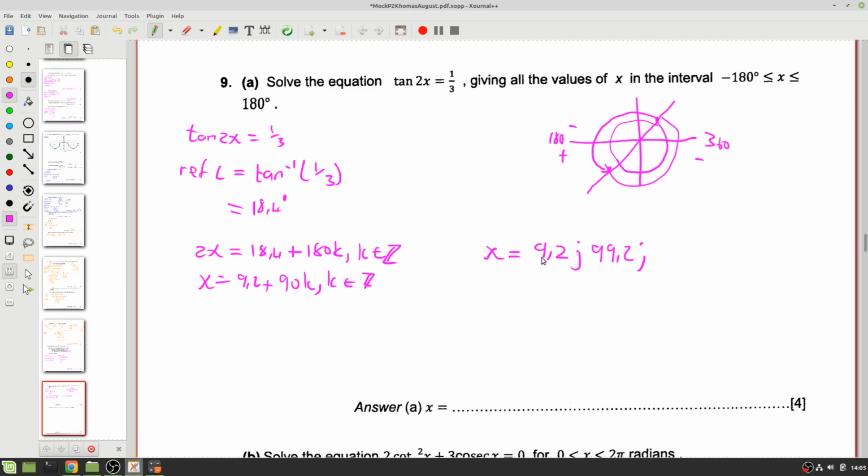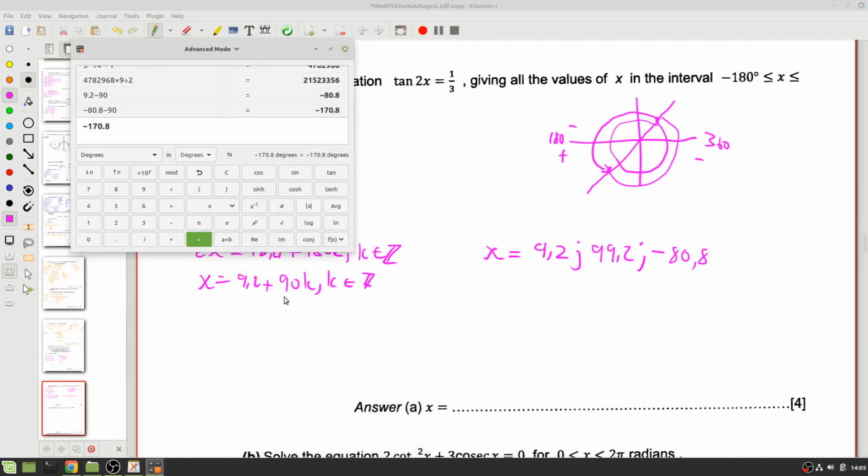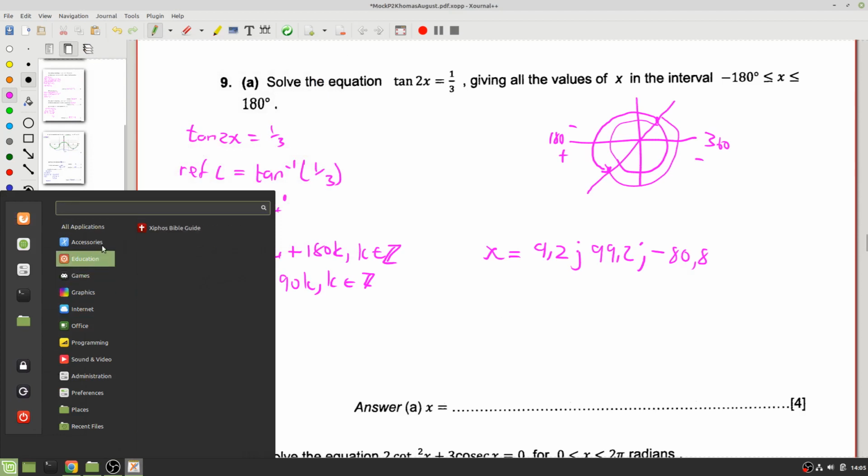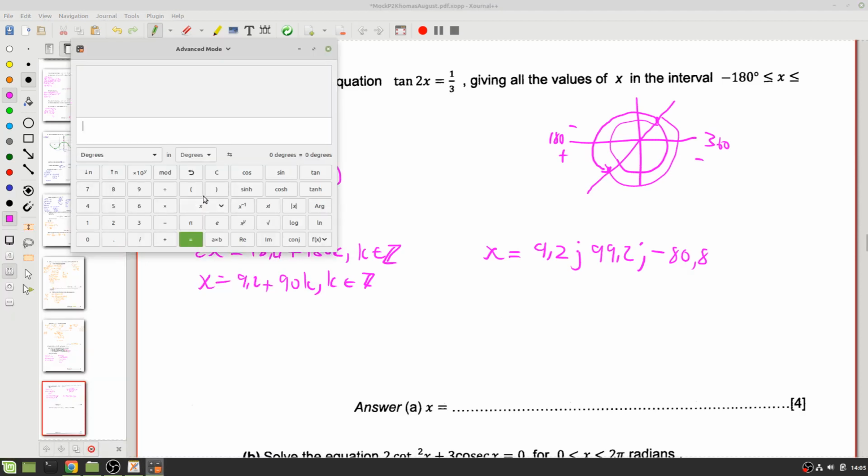Now let's start from 9.2 again, and now let's subtract 90. So 9.2 minus 90 is negative 80.8. Okay, let's just make sure about that. 9.2 minus 90, so that gives us negative 80.8.